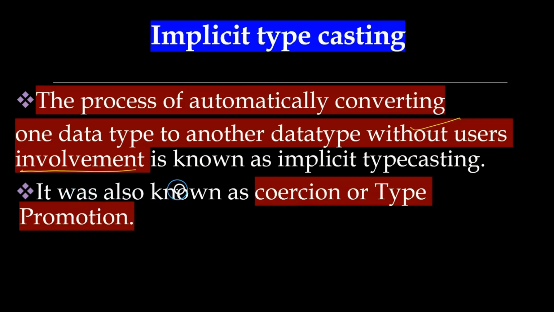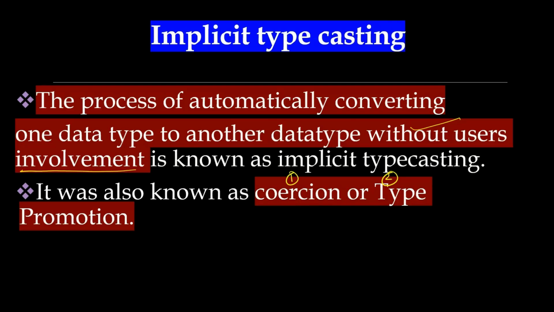It also has two more names, that is coercion and type promotion. Most students don't know what to answer if a question is asked like what is coercion, give an example, or what is meant by type promotion, give an example, or what is the difference between type promotion and typecasting. They will confuse you in the question paper.